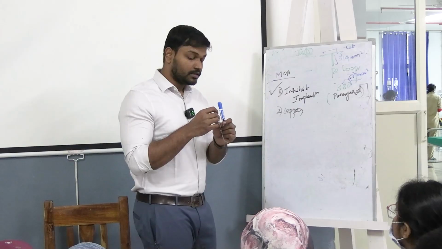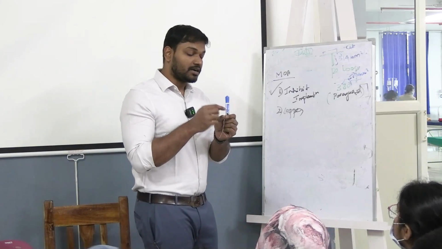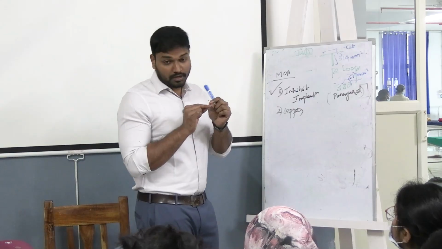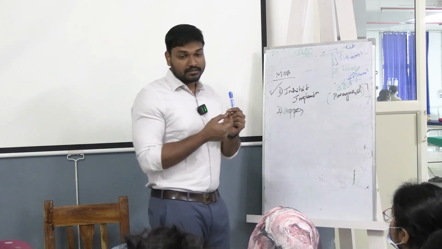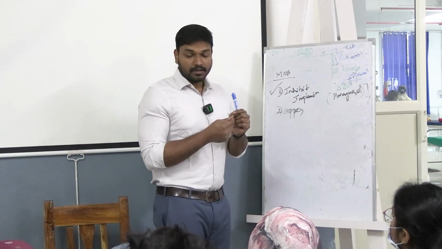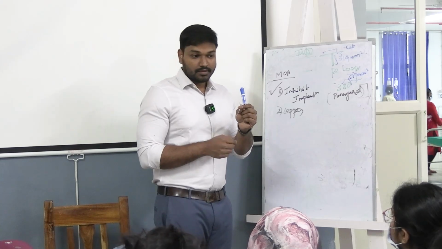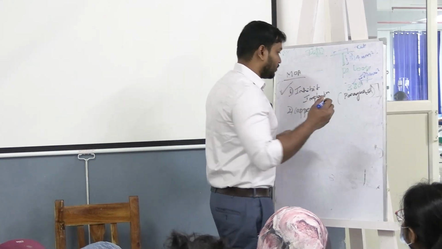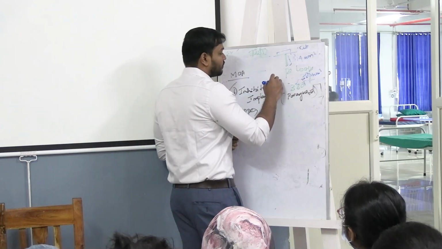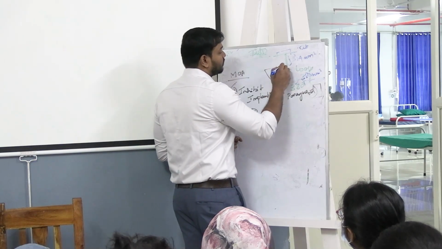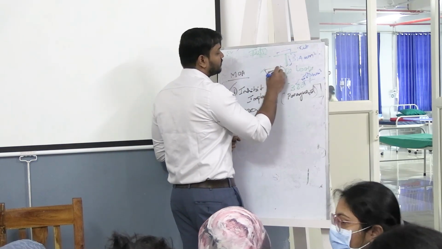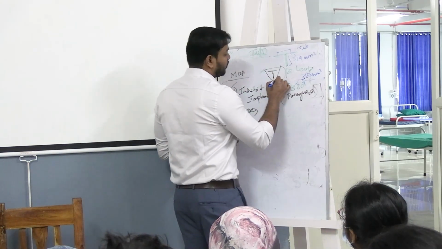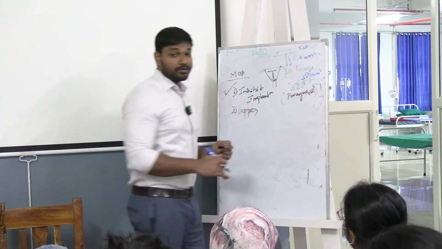See, it has a stem, then arms, and below there is a ball, a small ball-like thing, and it has a thread. What is the use of this ball? Use common sense. See, this is the uterus. The copper T will be placed like this. If it has a ball here, it will not expel out.